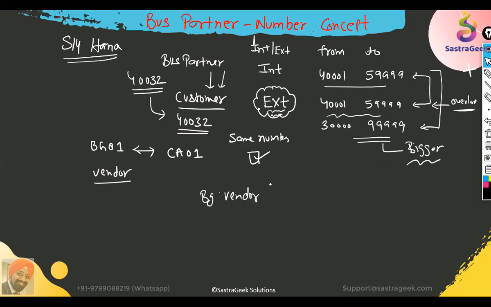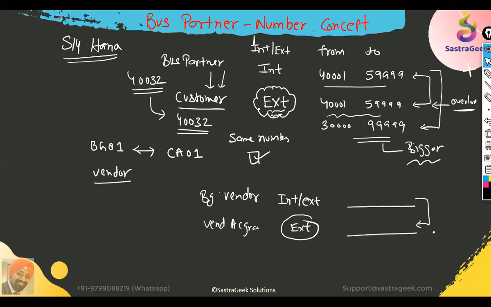That would be assigned any number range, internal or external. Whatever number range you define when you define your vendor account group, the number range would always be external. And this number range of the vendor should be either the same or overlapping with the bigger number range of the vendor account group. The same concept would be there in S/4HANA for vendor also.